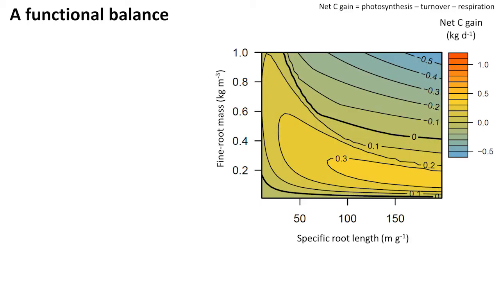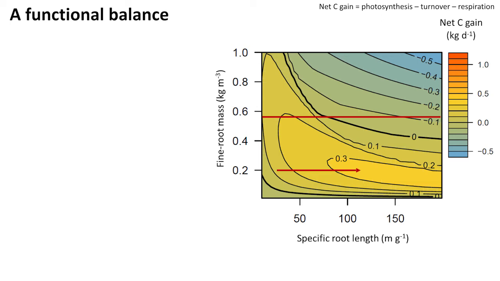So we see a rather similar figure. Similar to the first scenario, we see that an increase in specific root length still leads to the fastest growth if you have a low fine root mass. But in contrast to the first scenario, we see that a new trait niche seems to appear, which is over here. So on this side of the graph, under these root trait combinations, we still see that there's a negative carbon balance.